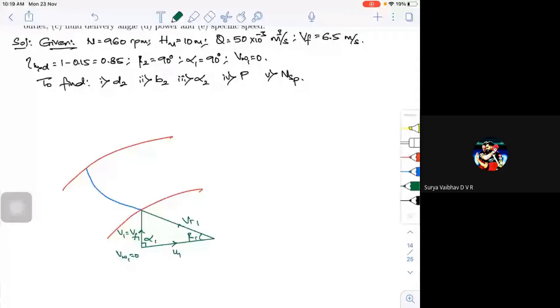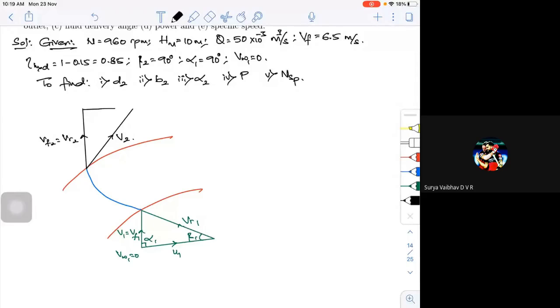Now at the exit, I am trying to get a triangle which is exactly radial. So my beta toward the exit is 90 degrees. So this is my VR2, which is also equal to VF2, and then this is my V2.